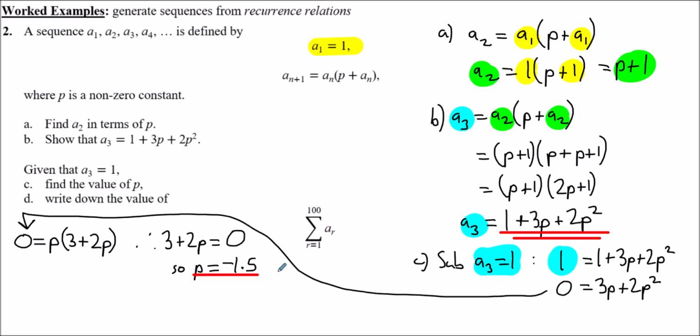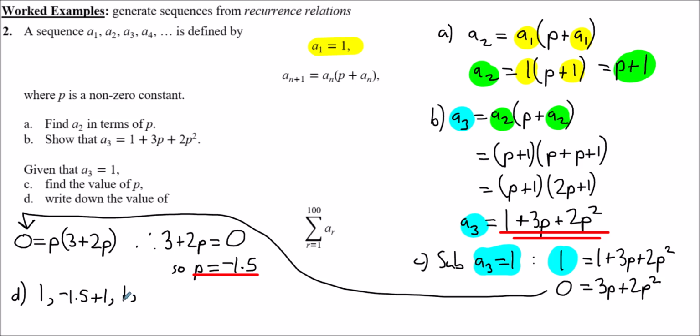Well, now we've got enough ingredients, we can actually work out what this sequence would look like. a1 is 1, a2 we had was p + 1, so if we work this out, that's minus 1.5 + 1. a3 equals 1, and so that gives us a 1 as well.